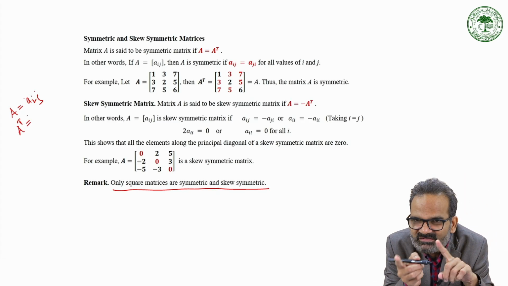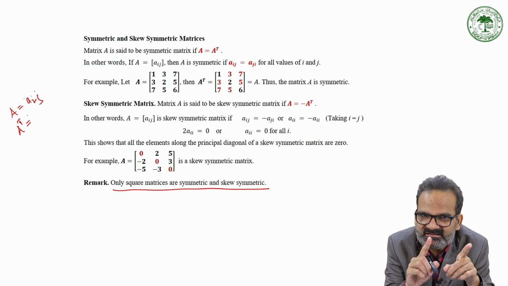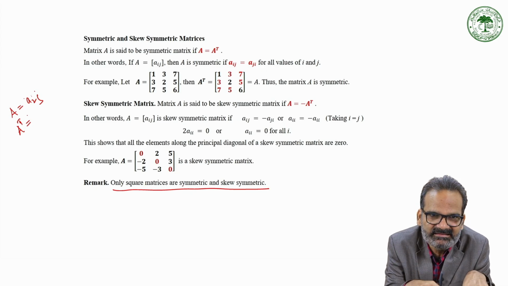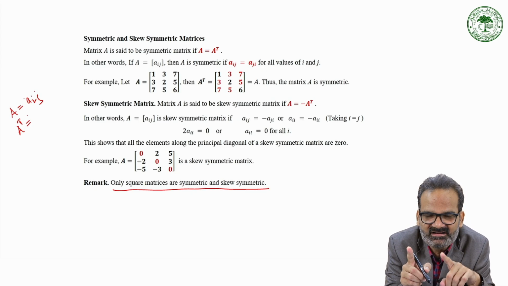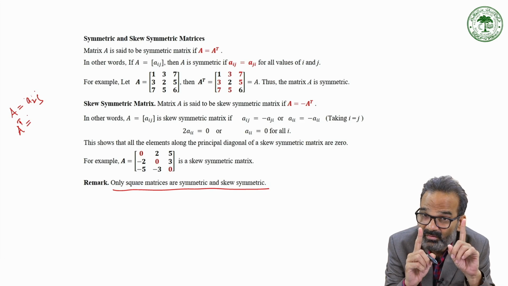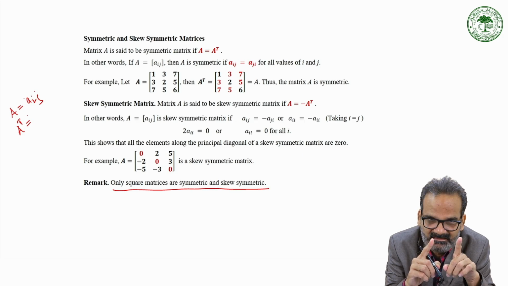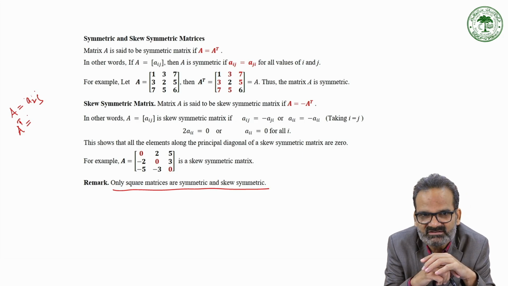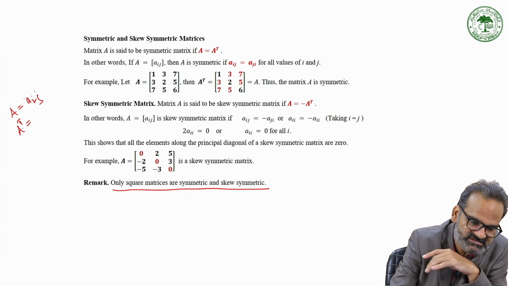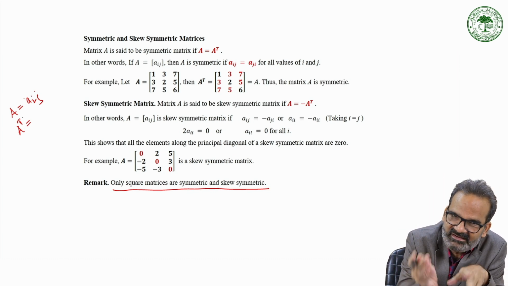transpose means rows and columns should be interchanged. And here in Aij, i denotes the rows and j denotes the column. If you recall the beginning of the session of the matrices, in Aij, the first subscript denotes the rows and the second denotes the column. So if we are getting its transpose, rows and columns are interchanged.